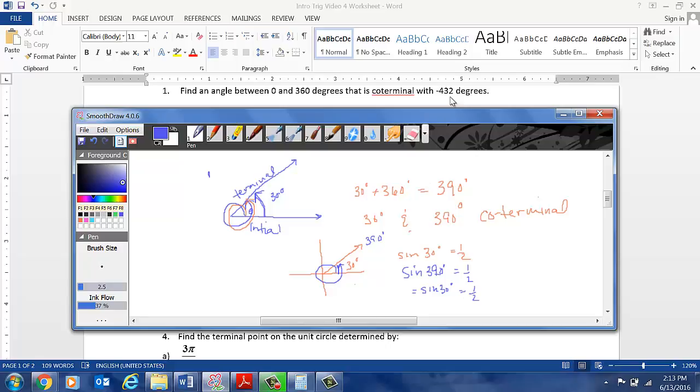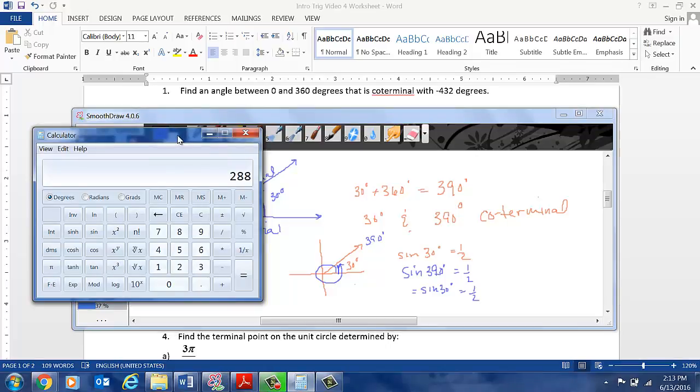So I'm looking at: find an angle between 0 and 360, so that's basically an angle within one revolution, that is coterminal with negative 432 degrees. Since this number is smaller than 0, this is a negative angle, so basically all I need to do is continue to add 360 degrees until I'm within 0 and 360 degrees.